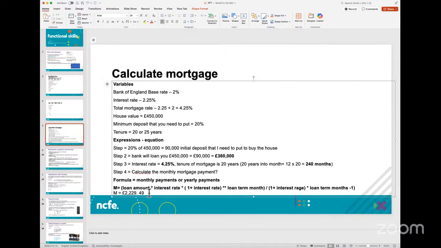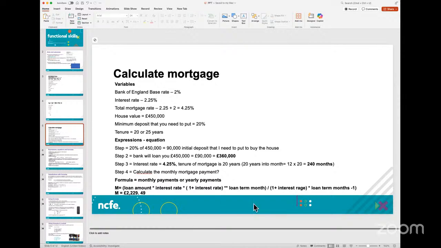That is going to be my monthly repayment of the mortgage, considering that you're buying the house with this value, 450,000. That is the interest rate. These are the number of years. That is how you will calculate your monthly payments to the bank.